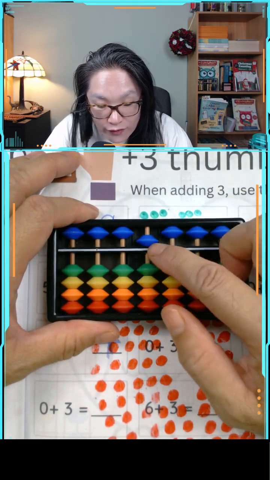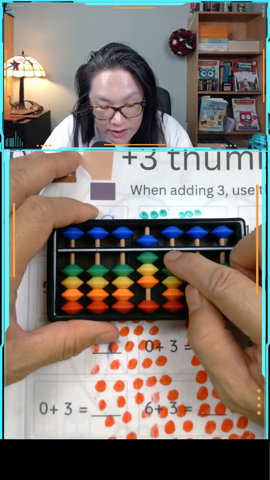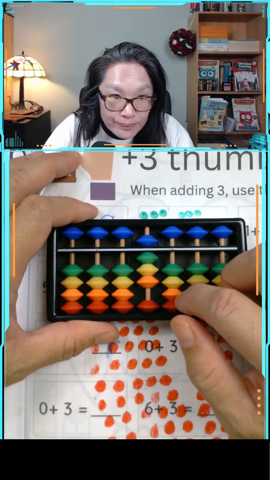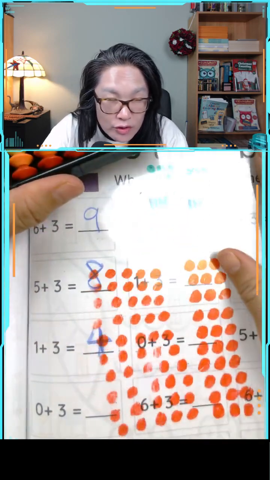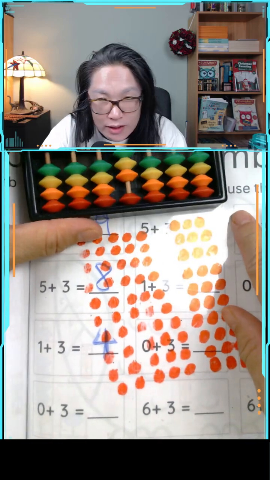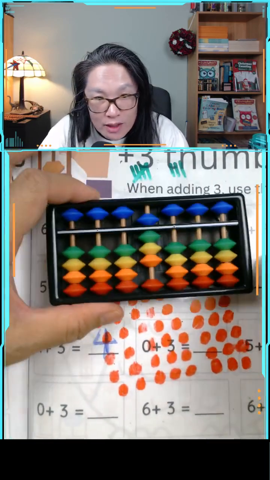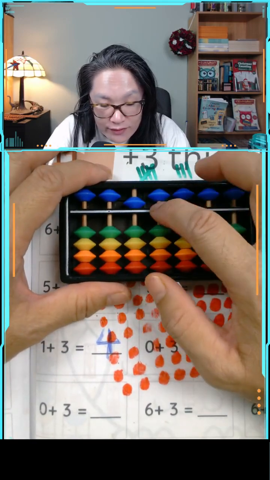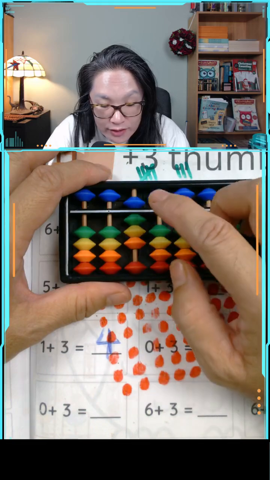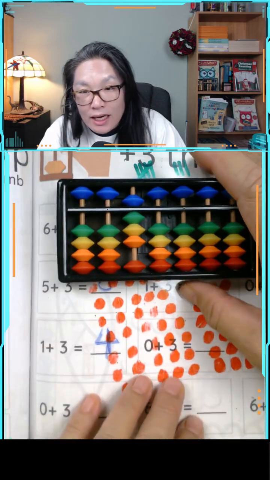I can actually do 50 plus 30. This becomes 80, right? 80 is an 8 and a 0. I could do it again. You could do it through the mainstream, right? But that's a whole lot of dots that you would have to start figuring out. So we could do it one more step. We could do 500 plus 300, which gives me 800.